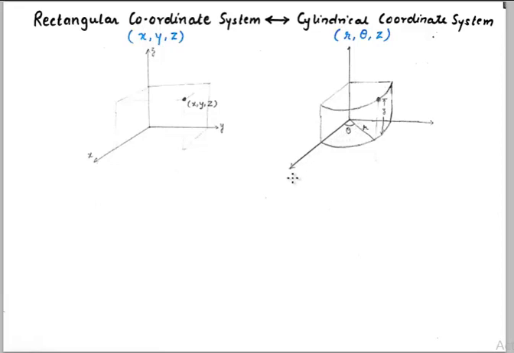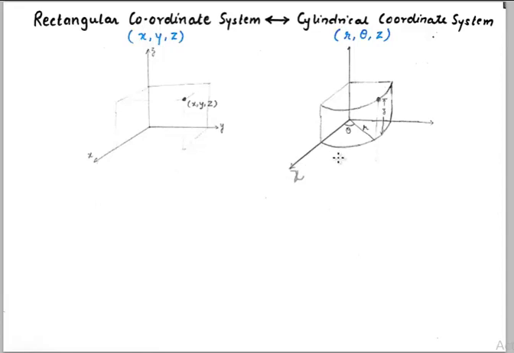And if you measure the angle of this point from the x axis, you'll get theta, which is the second coordinate, and of course the third coordinate remains the same, which is z, which is the height from the surface.